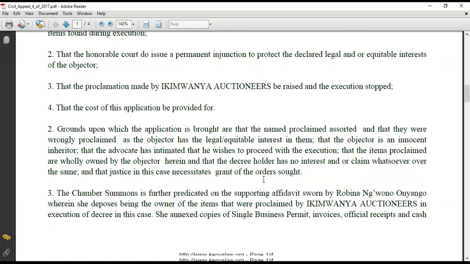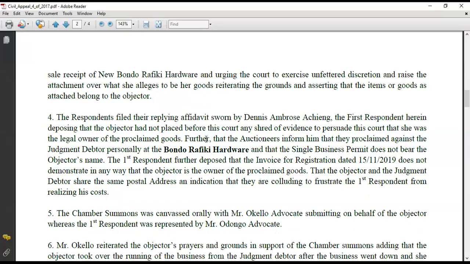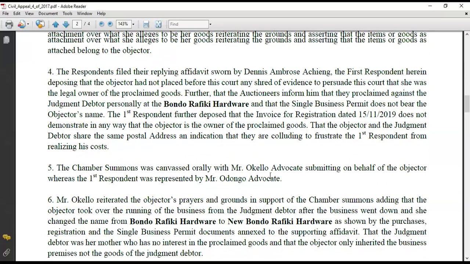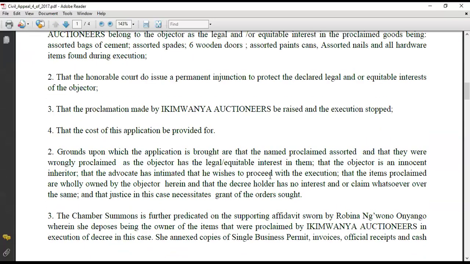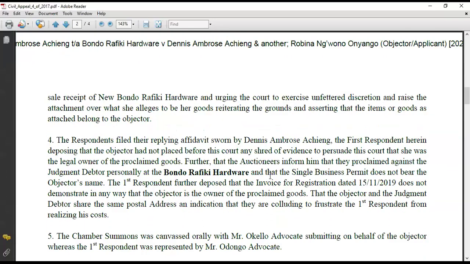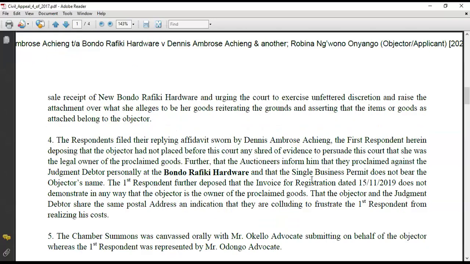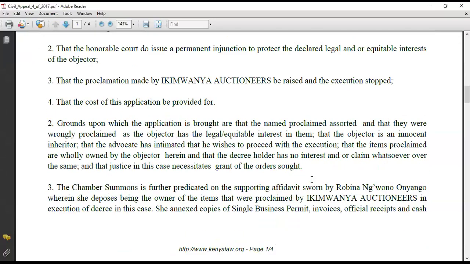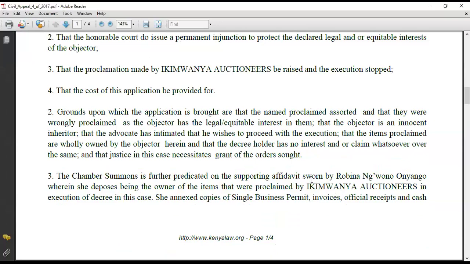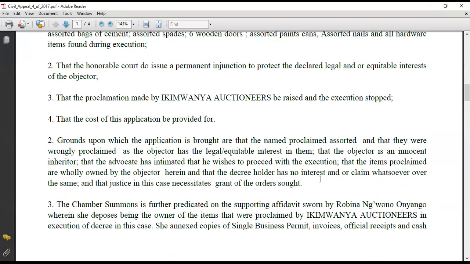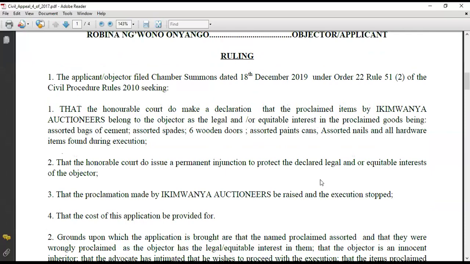She was saying that the items which were proclaimed by Ikimwanya auctioneers in execution of decrees were hers, and do not belong to the judgment debtor.